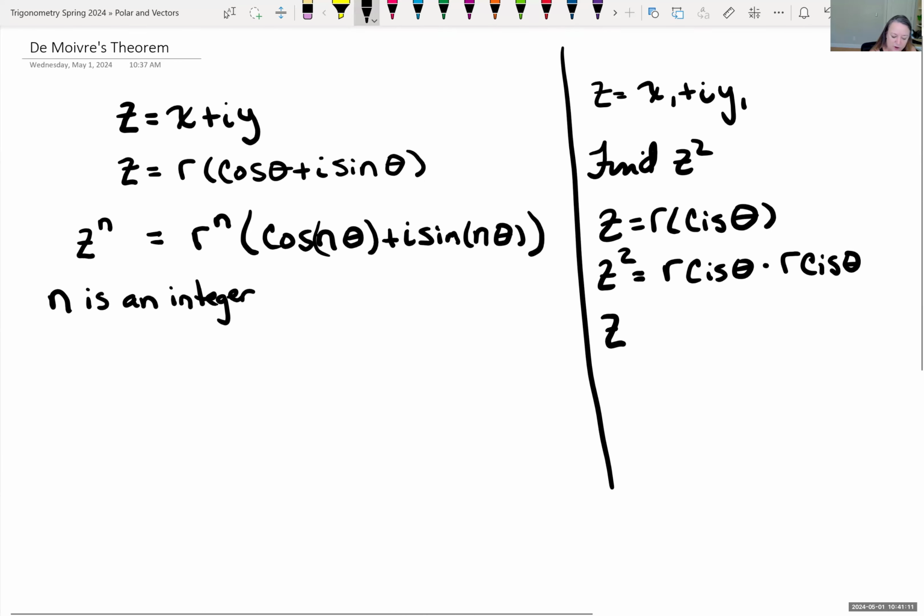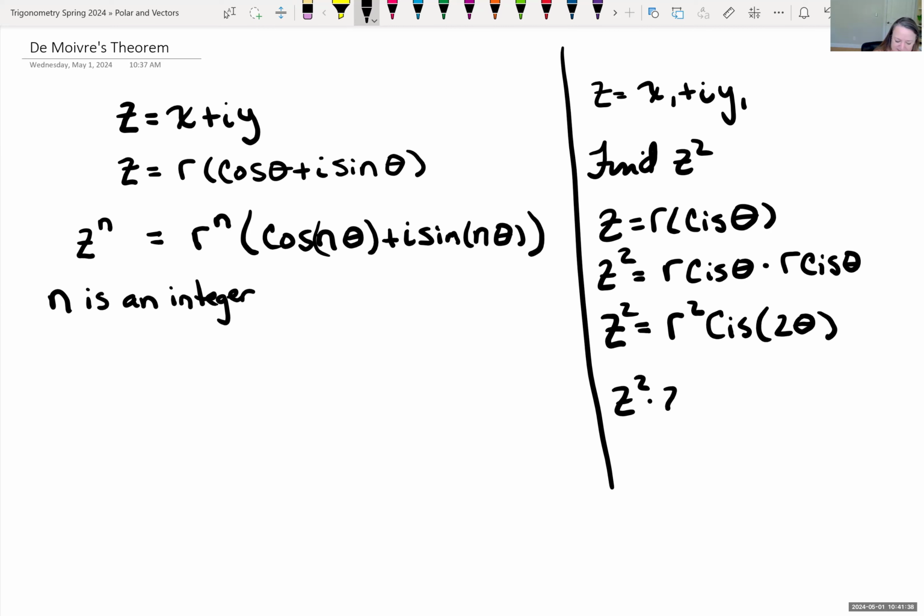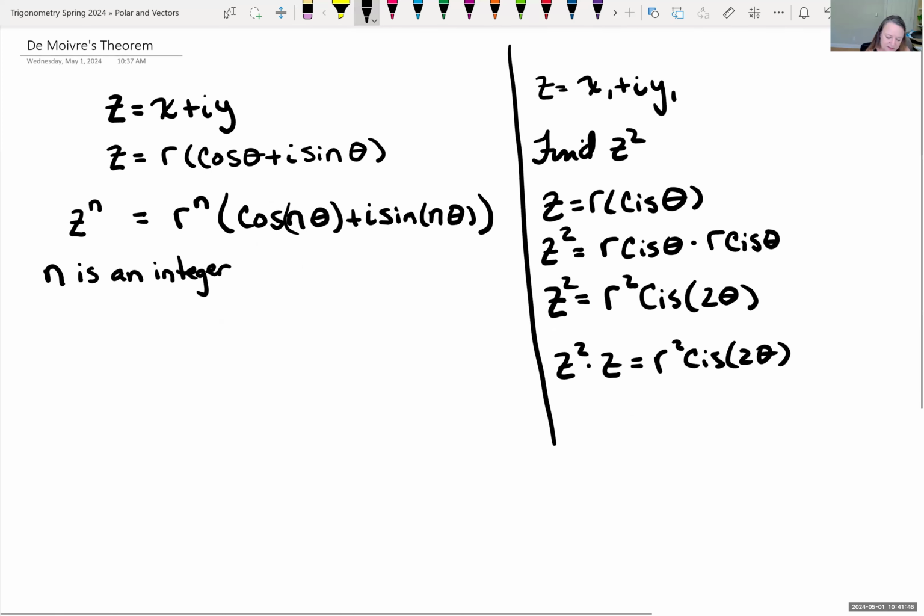But if we were multiplying, remember the rule was, this was the same thing as r times r, r squared, cis, we added our angles. So theta plus theta is 2 theta. So now if I multiply that by another z, z squared times z, notice I would look at r squared cis 2 theta times z, which is r cis theta.